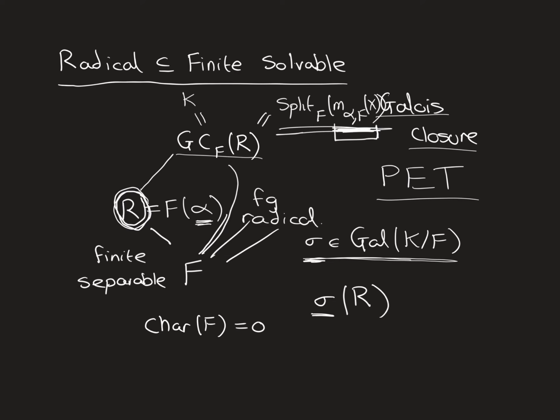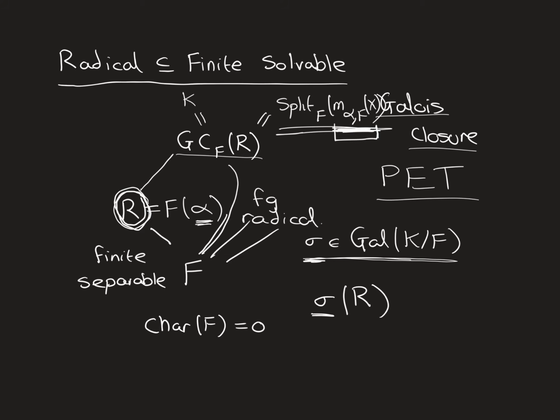They'll all be isomorphic to R because these are field automorphisms, so they have to map R onto something that's isomorphic to it. But they aren't equal to it. They are different subfields inside K, some of them. Some sigmas might map R exactly onto itself and just fix it. The identity one will certainly do that, but some of them won't.